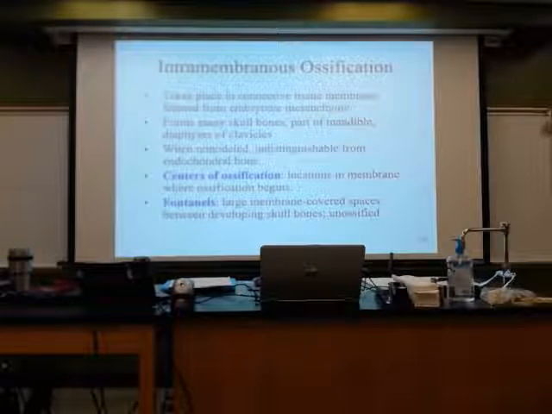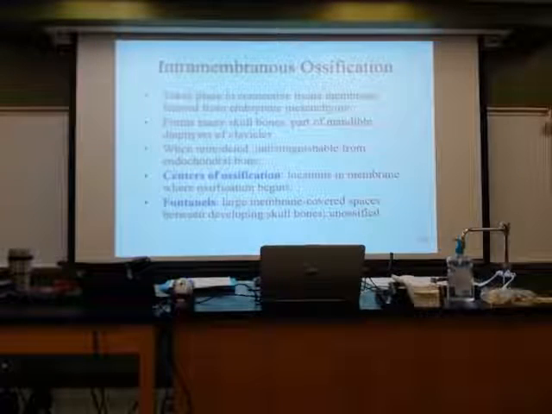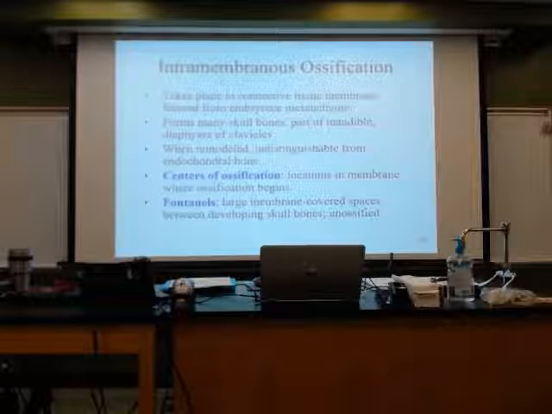So, what we see with the intramembranous, we're given rise to stuff such as the skull bones, mandible, diaphyses of the clavicles, okay? We're going to give rise to what we see as bone. Now, in the beginning, it's the woven bone, but by the time we're done with the ossification process, the goal is to look like the adult skeleton.